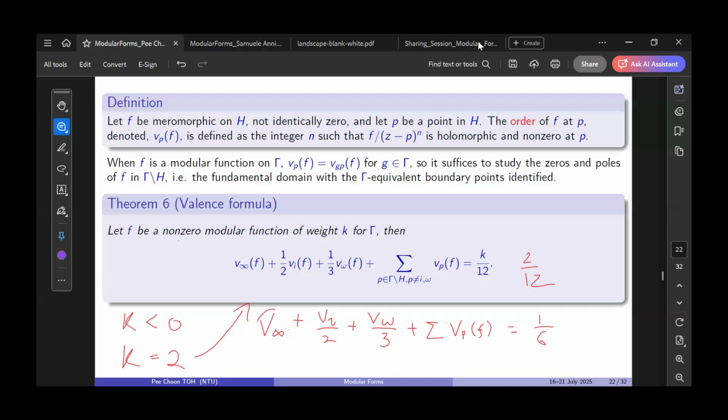As we know, all of these orders must be integers, and v_P(f) is always an integer and non-negative. So, do we have any integers which satisfy this plus this plus this plus this equal to 1 over 6, right?